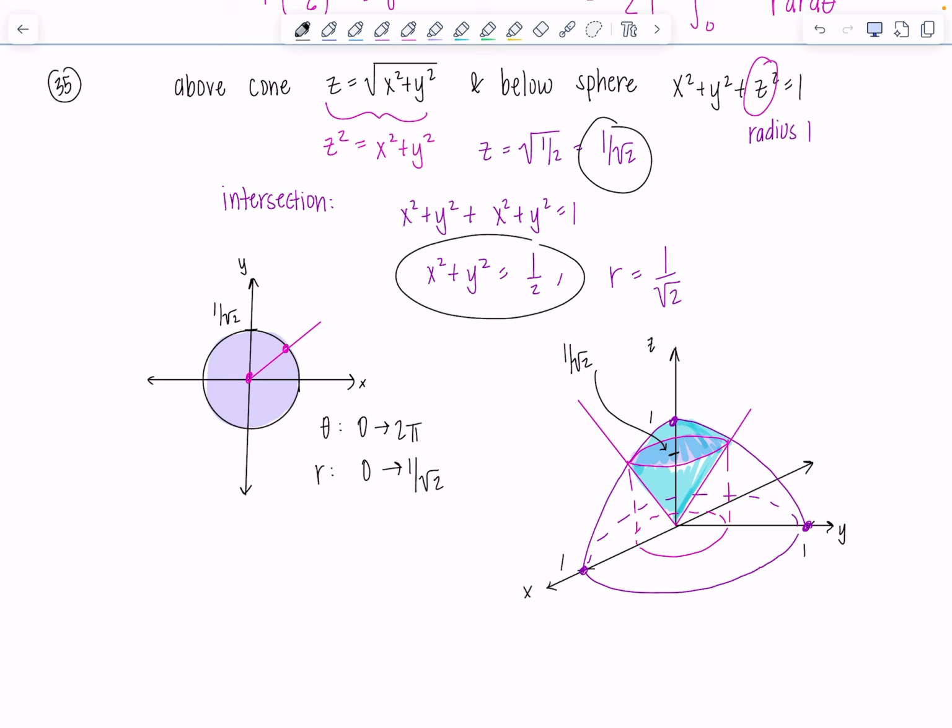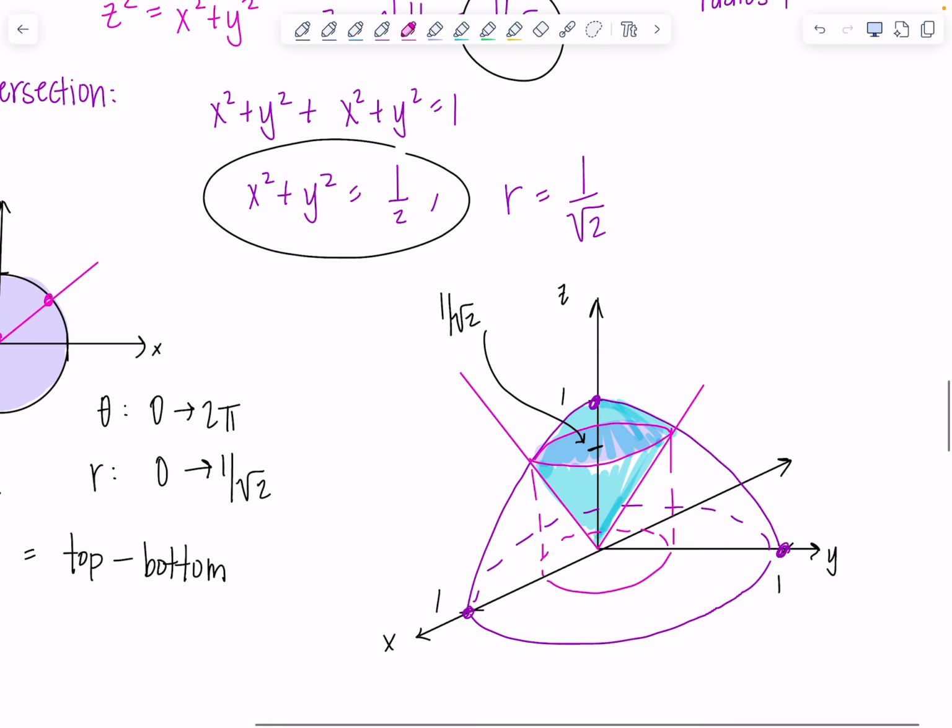And then you're going to have for the height, top minus bottom function, right? For the height of your solid. So if you need to, let me switch colors though. Draw a ray going in the Z direction. Where it hits first on the solid is bottom. Where it hits second is the top function, right?